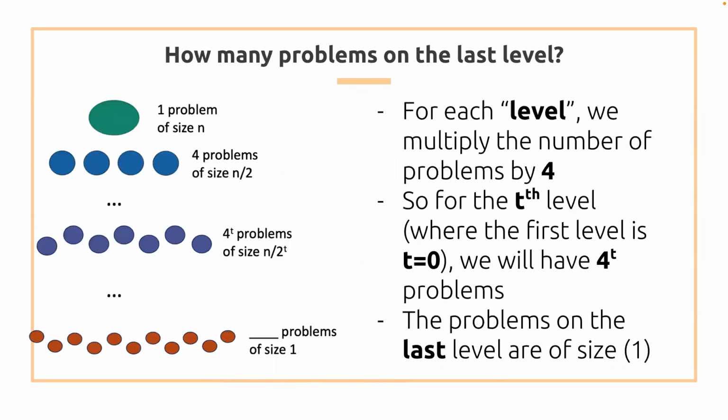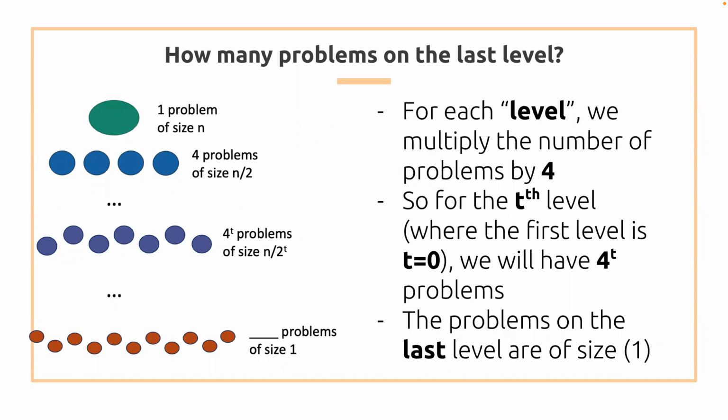So one way to think about this is that for each level, each time I go down, I multiply the number of problems by 4, because one problem becomes 4 problems. This one becomes 4, this one becomes 4. So each time I go down a level, the number of problems gets multiplied by 4. So on the t-th level, somewhere in the tree in between, let's call it t, I will have 4 to the t problems.